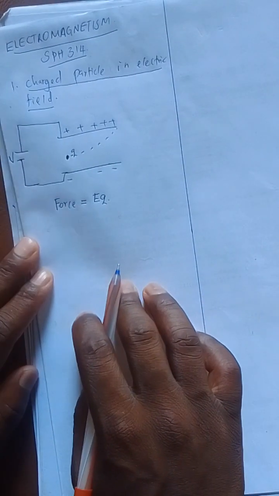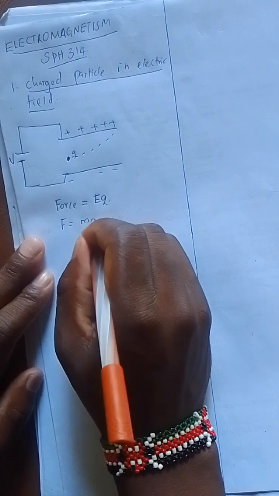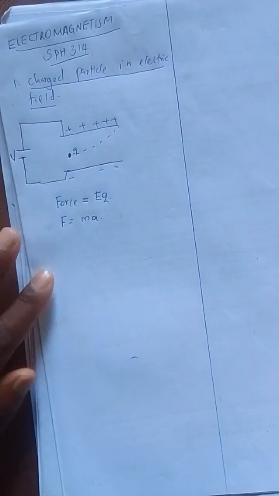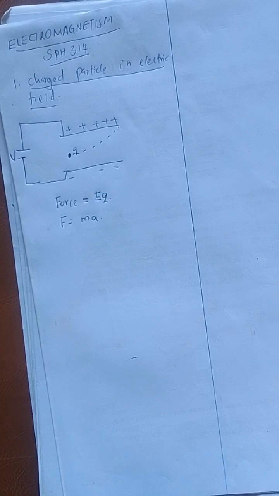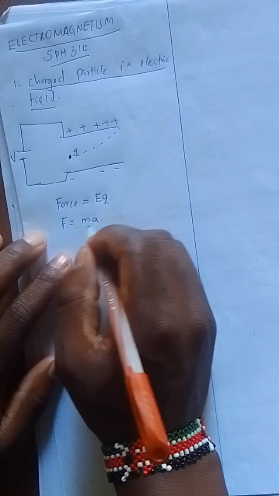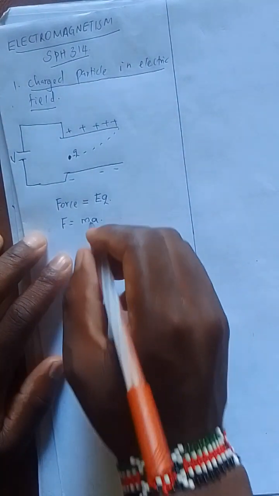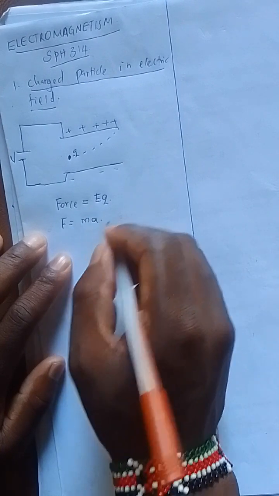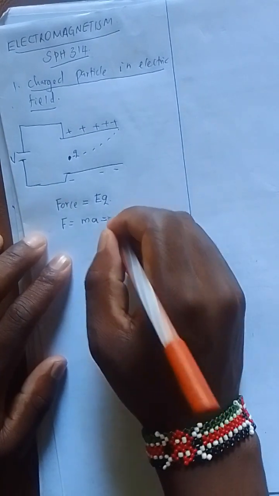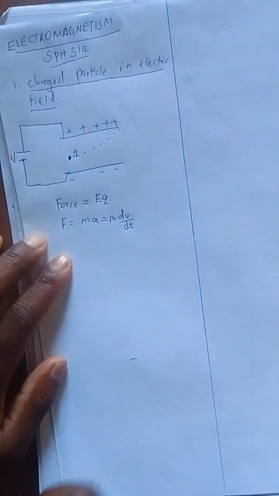But from Newton's second law of motion, we know force is equal to mass times acceleration, because our charge here, which is an electron, could have mass. Now, if we assume the mass of the electron does not change, it remains constant, and therefore acceleration will be changing, we can say force is mass times the change in velocity.